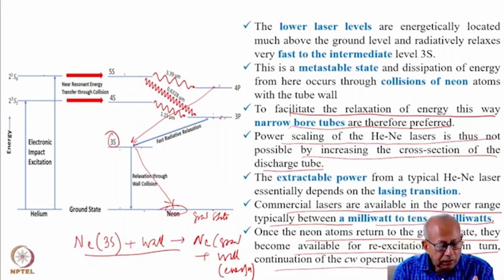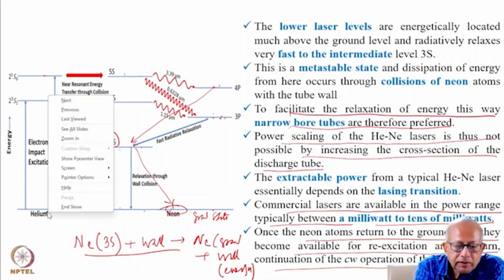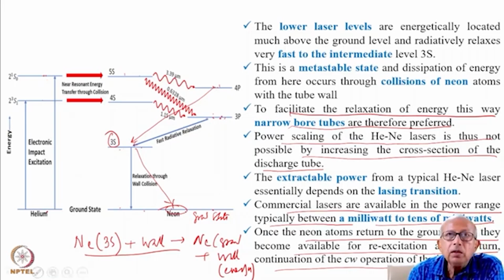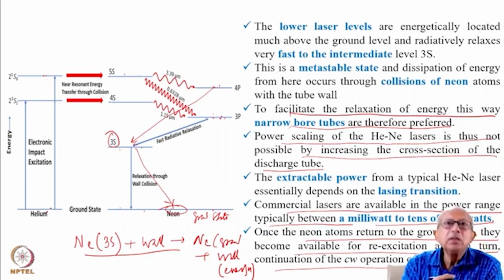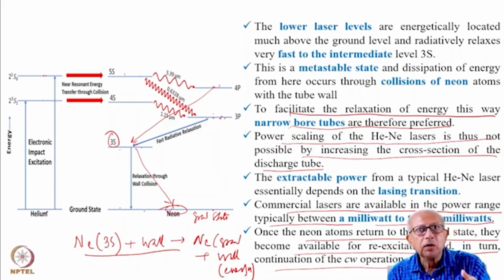In contrast, as soon as the helium at the excited state, either here or here, collides with a neon atom in the ground state, it comes down to the ground state, while its energy gets transferred to the neon atom. And once it comes down to the ground state, it is again available to continue this cycle of lasing, that is, continuation of the continuous operation of the laser.